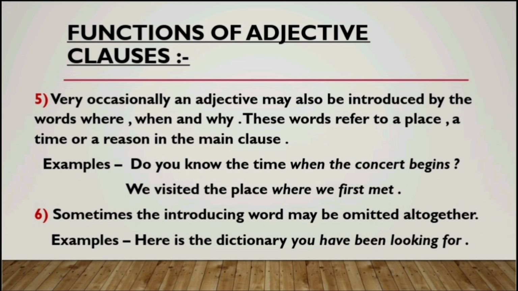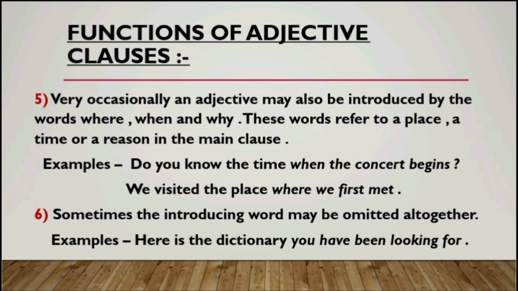If you see this example here, here is the dictionary you have been looking for. First of all, you will not pronounce this word as dictionary, it's dictionary. Diction means choice of words. So here's the dictionary you've been looking for.